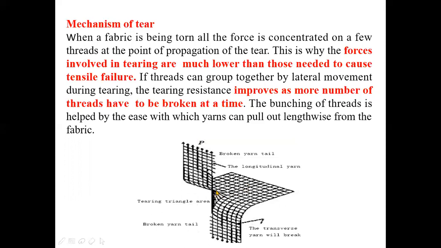Now what happens when the tearing force is propagating through this? The yarns will come in a group to prevent the propagation of the tear. Now the yarns may come single as well as in a group.